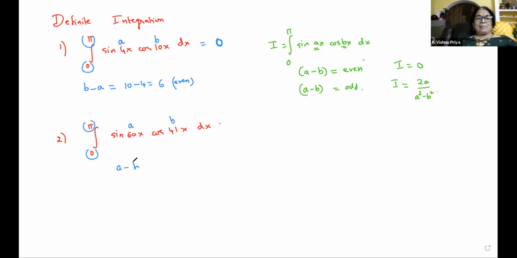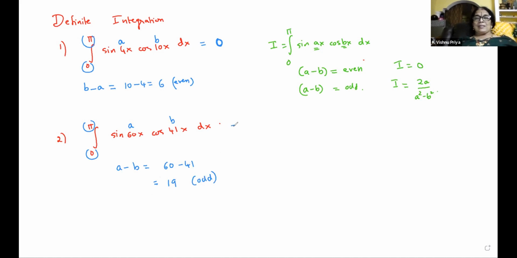What is A minus B? It is 60 minus 41. And what is 60 minus 41? 10 minus 1 is 9, 5 minus 4 is 1. I got an odd number as the answer.